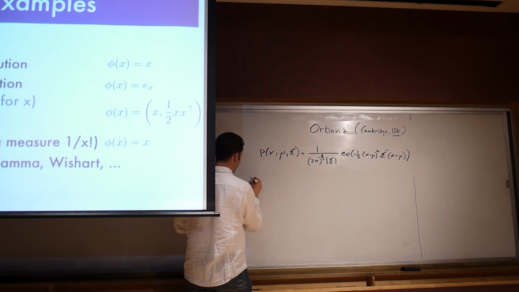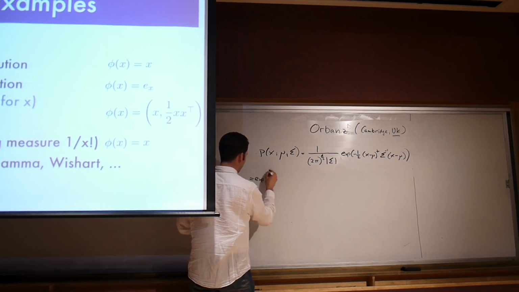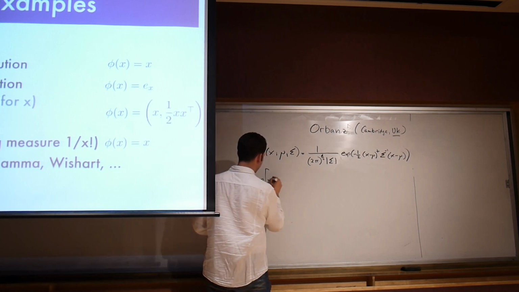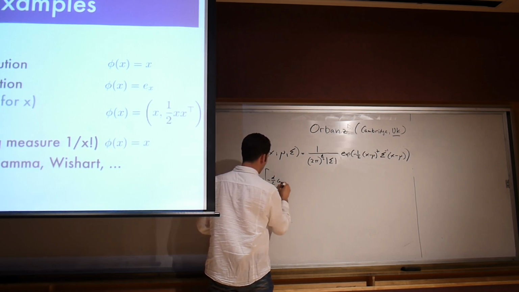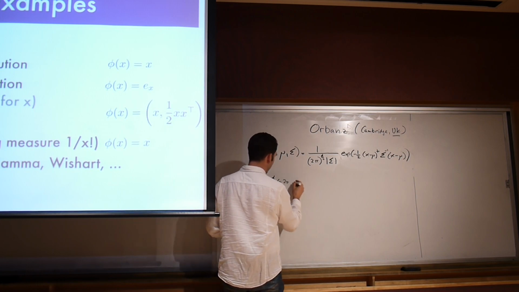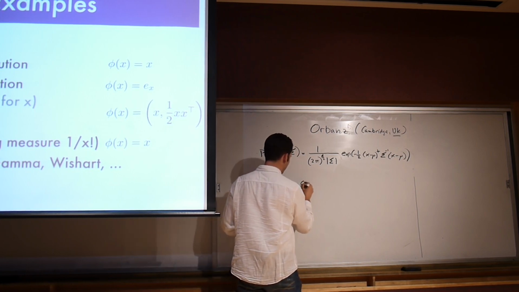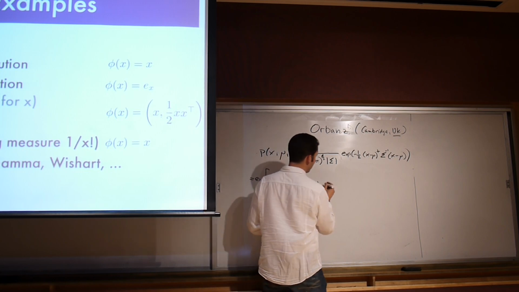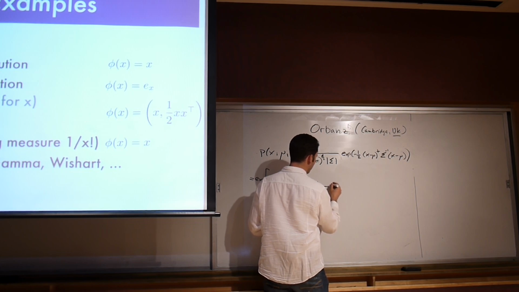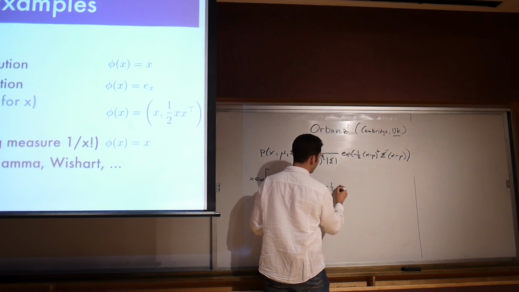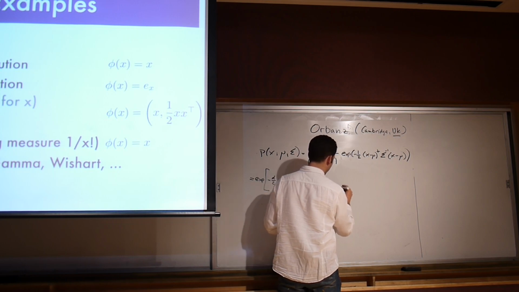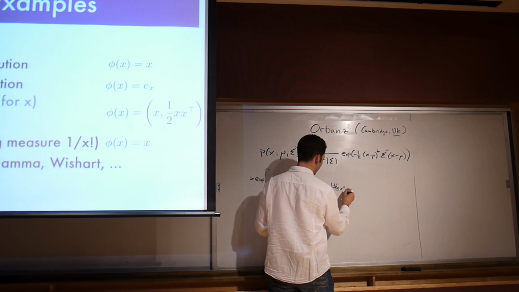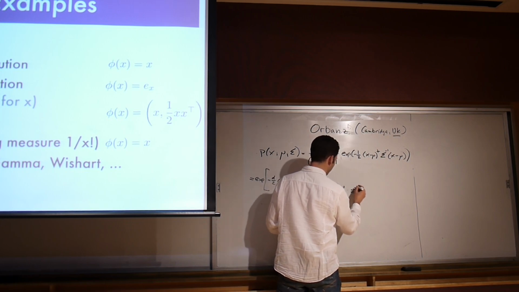So this equals exponential of some big piece. So we have minus d over 2 log 2 pi. We have minus log determinant sigma. We get minus 1/2 x transpose, and here we have a trace between this times sigma inverse.